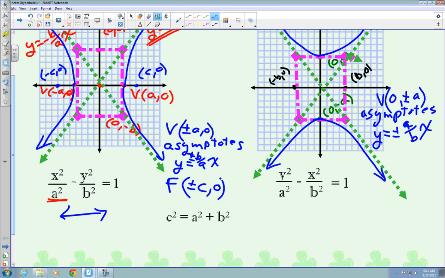And my foci are going to be 0, plus or minus c, inside the hyperbola, on the same axis as the vertices. Okay, it's a lot to remember. There's a lot going on with hyperbolas. So let's do an example and see if that helps it make sense.